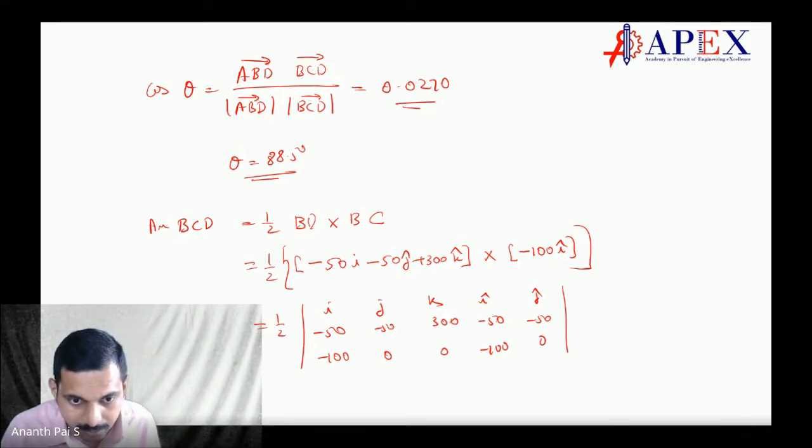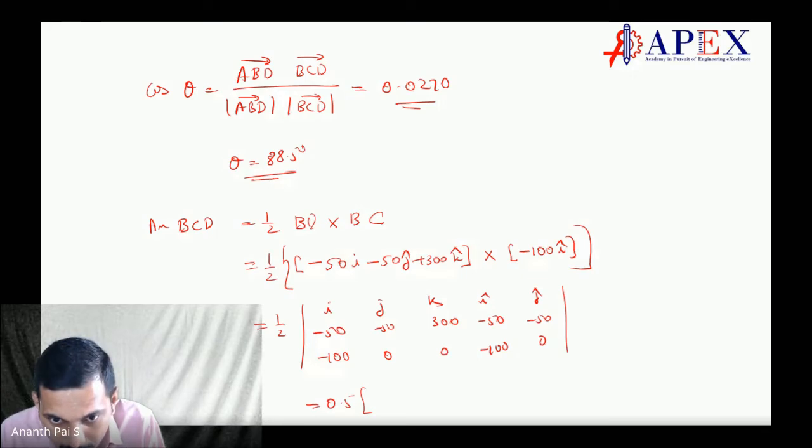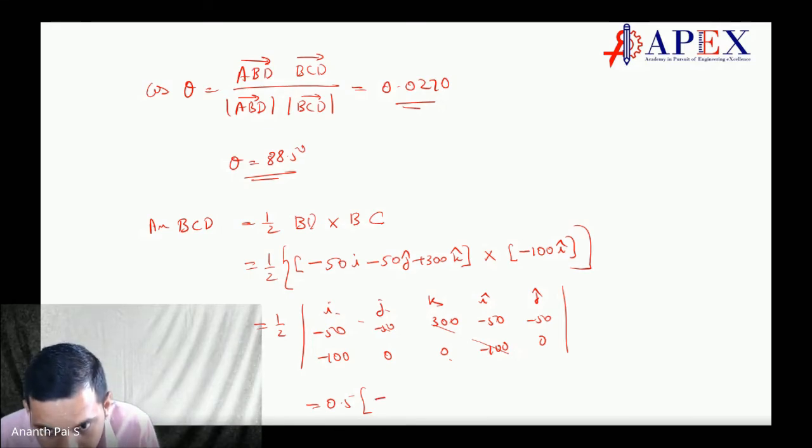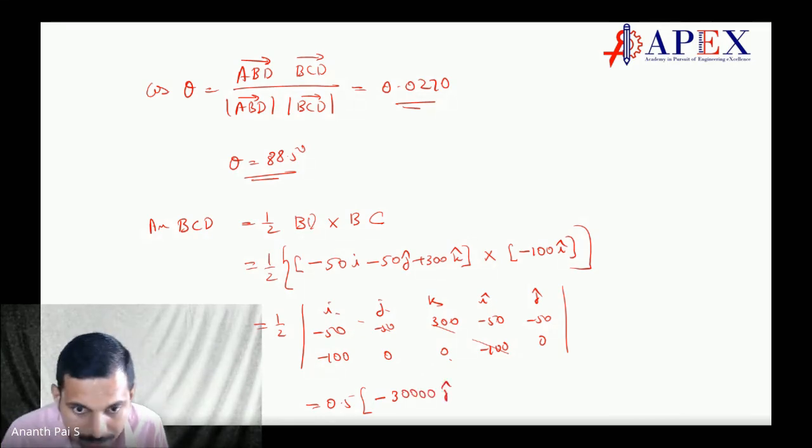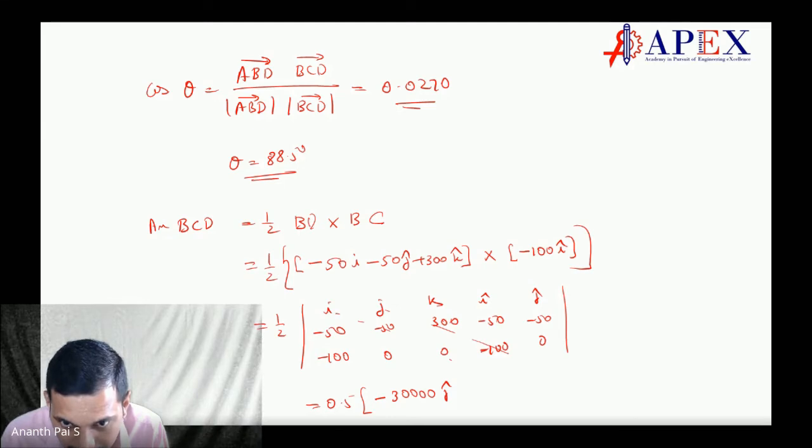Let us find it out. This comes as 0.5 into I times 0, then J into 300 into 100, which is 30,000 J, with a minus because of the sign over here. K is 0, J is 0, fine.